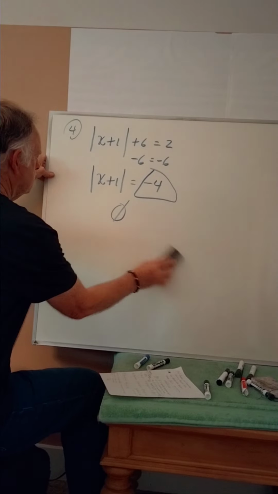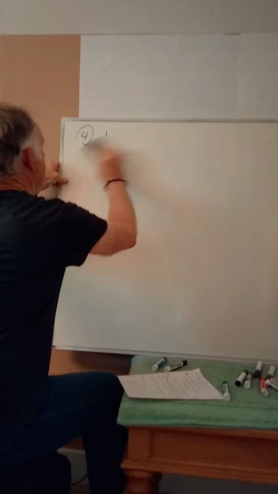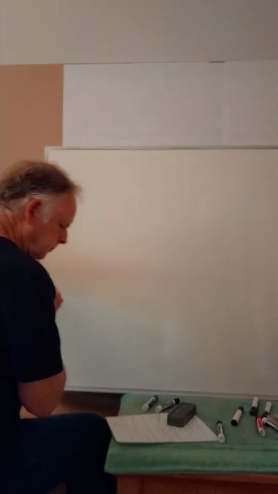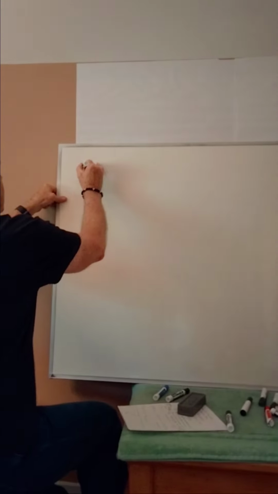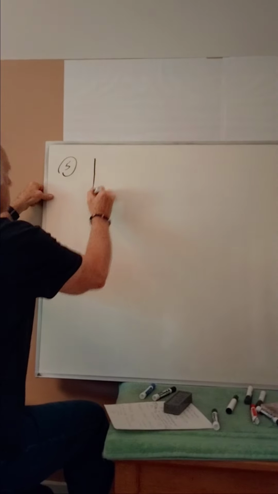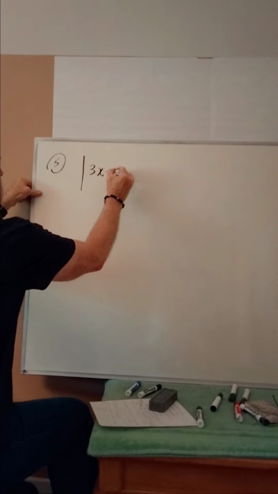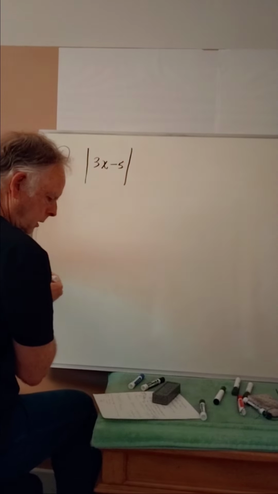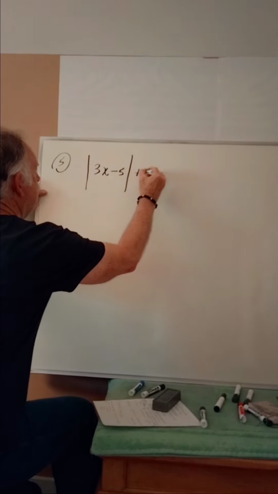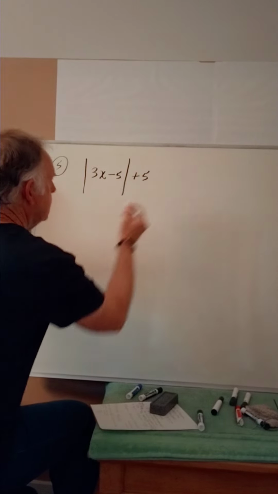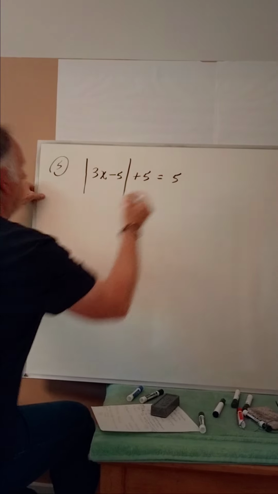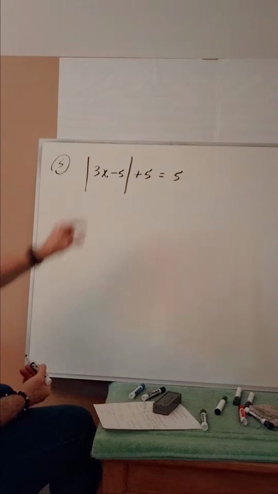All right. Number 5. The absolute value of 3x minus 5, then plus 5 outside of it, is equal to 5. He's got to go.